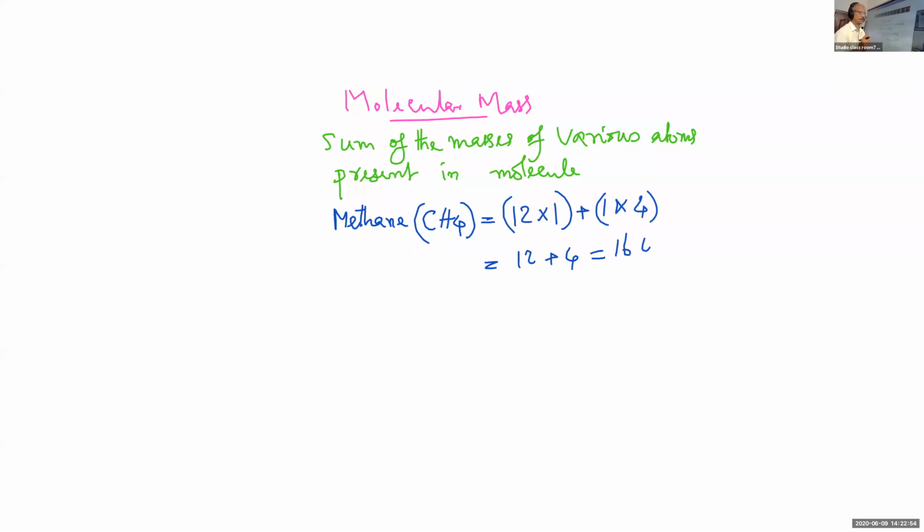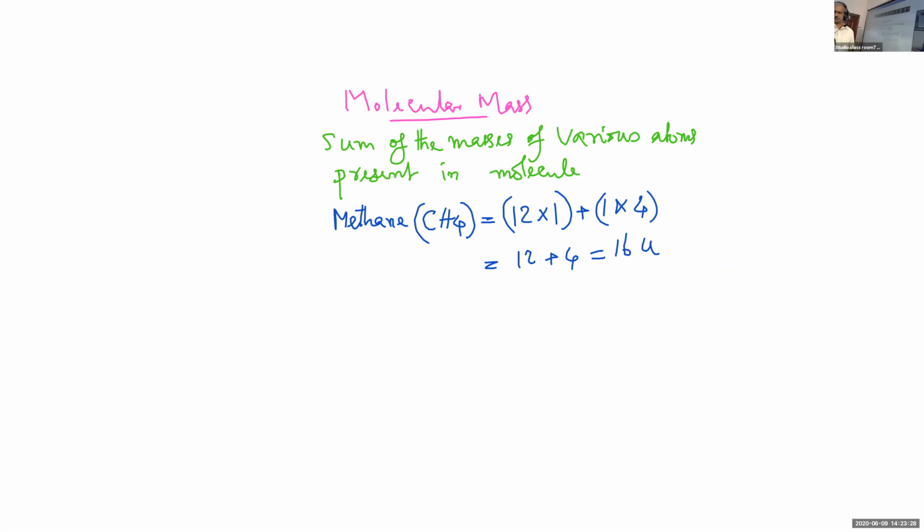Now you write the unit U, not AMU. That is why we replace the AMU with U. AMU is applicable only in the case of atomic masses, but U, unified mass, can be used in both cases. There is no problem. We can use it for atomic mass as well as molecular mass. So the molecular mass of methane CH4 is equal to 16 U.